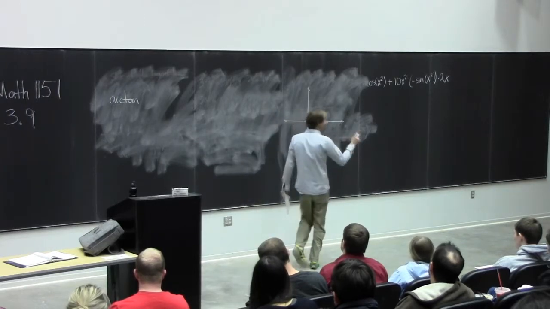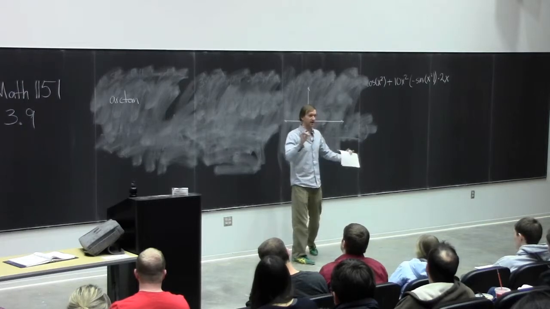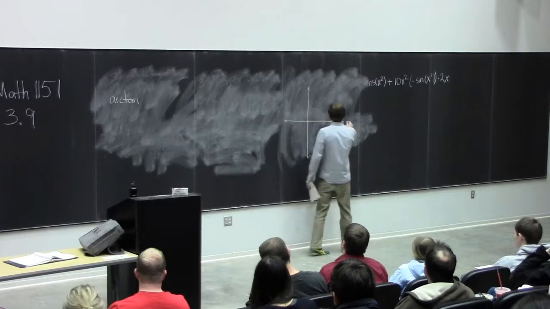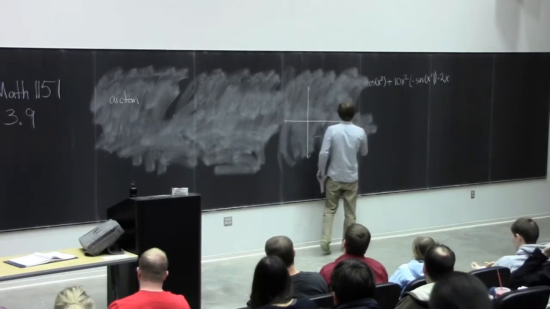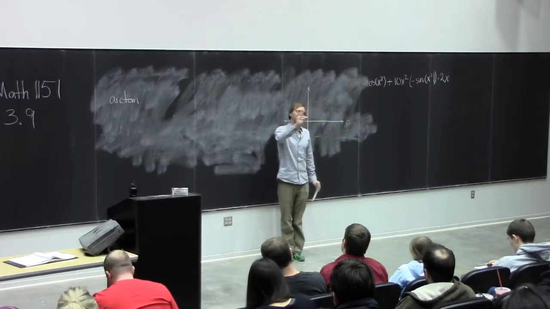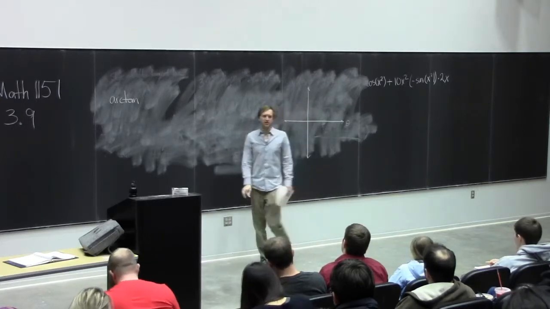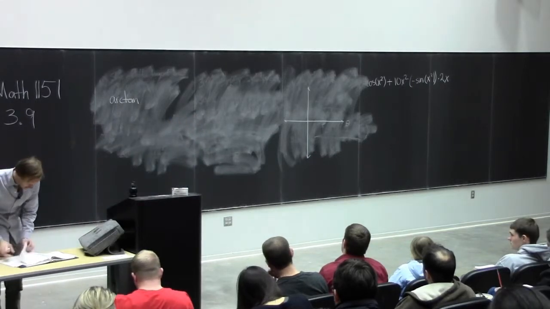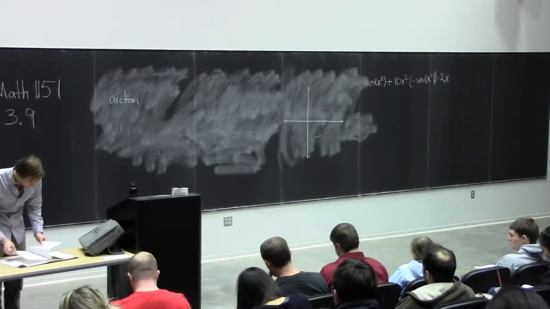Angles. You plug angles into tangent, right? Tangent accepts angles. And the letter that we use for angles a lot of the time is theta. You make theta by making a little egg shape, and then you make a little line. That's how you make a theta. So tangent of theta, right?